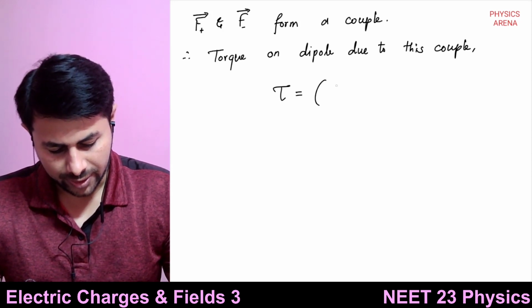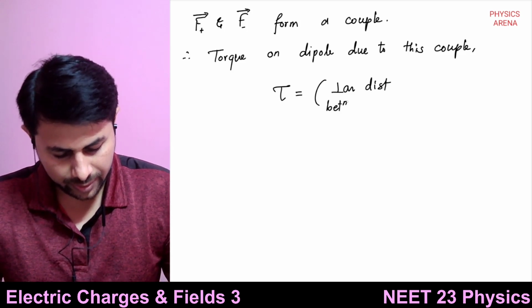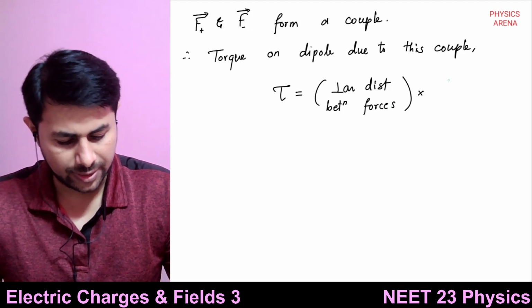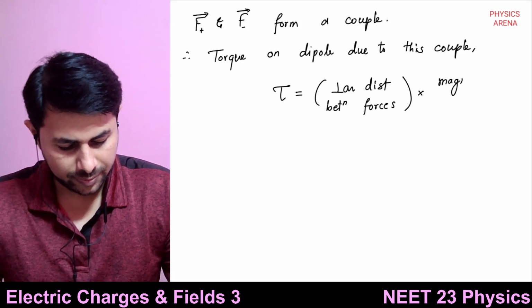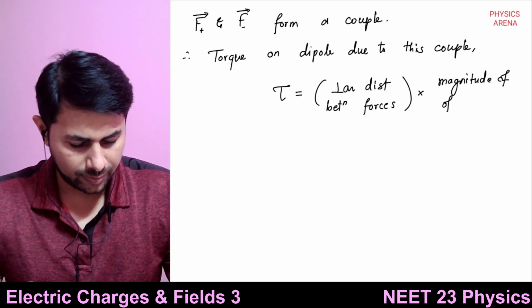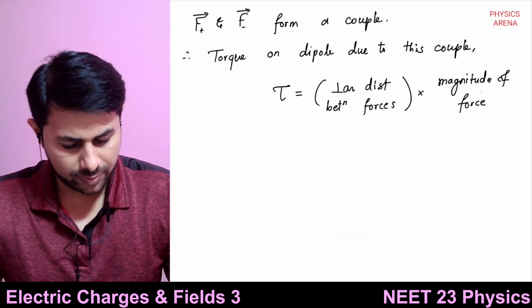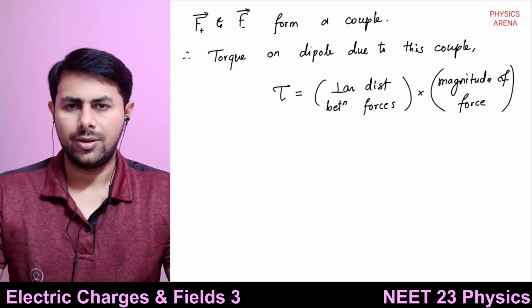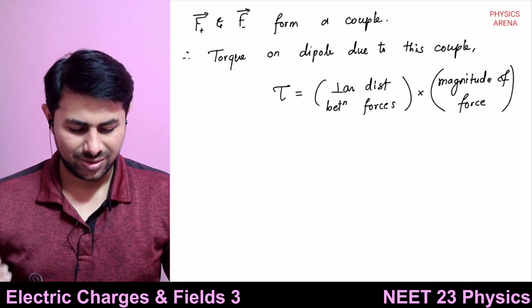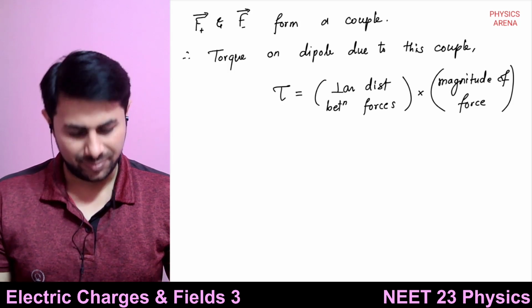So I can say it is the perpendicular distance between the forces multiplied by the magnitude of one of the forces. Remember this? Yes, no. Okay, this is the torque due to a couple.